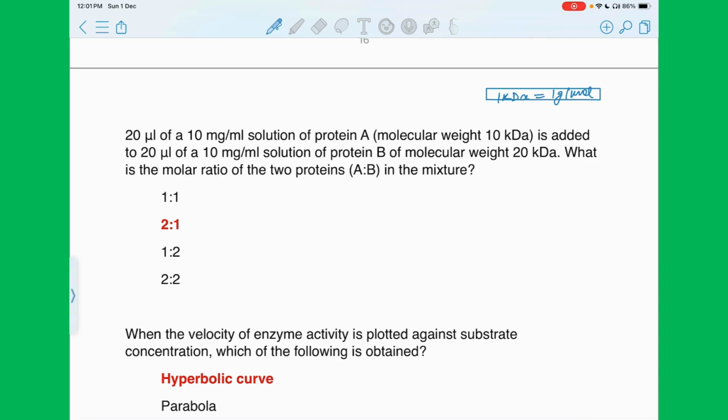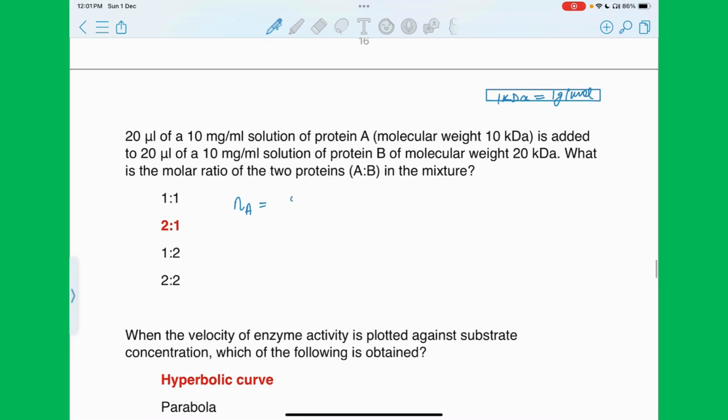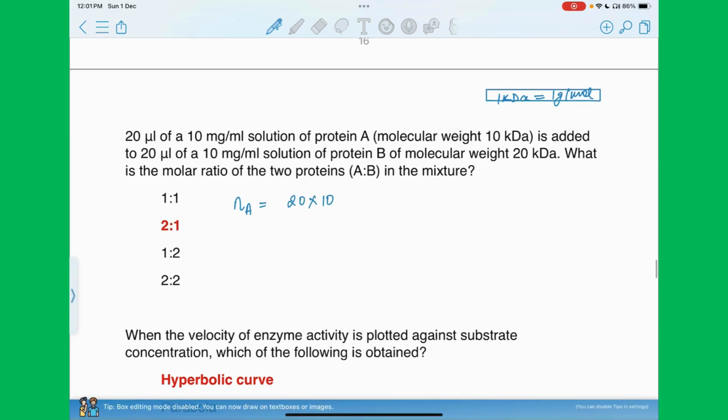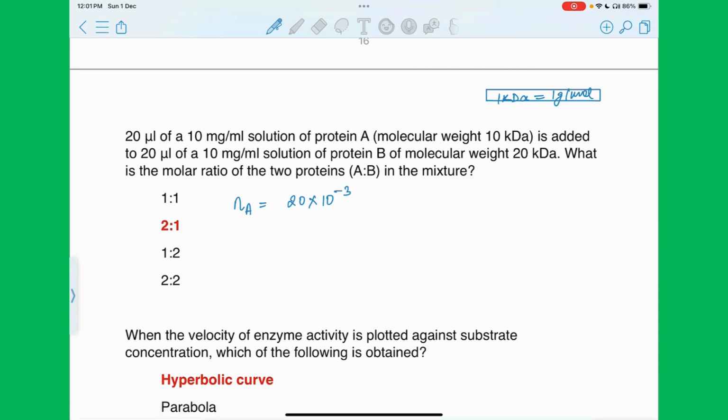So let's check what are the number of moles of protein A, which can be 20 microliter, that is 20 into 10 to the power minus 3. I'm converting this microliter to ml, into 10 mg per ml is the concentration, that will be divided by the molecular weight of the protein, 10 kilodalton.